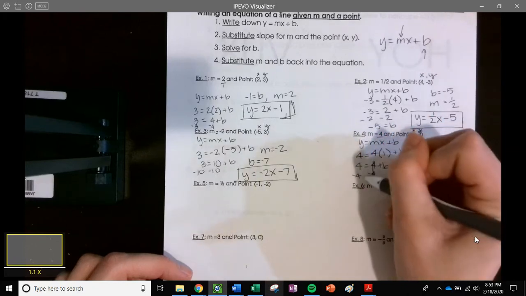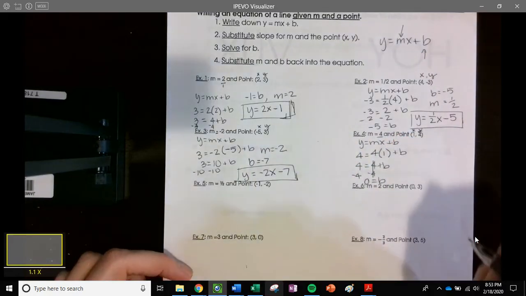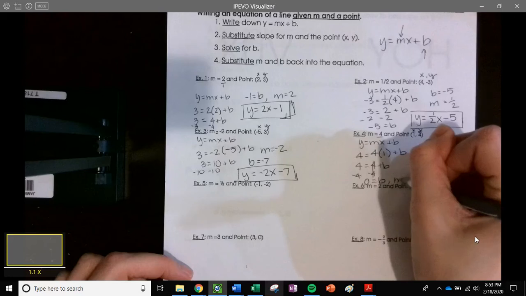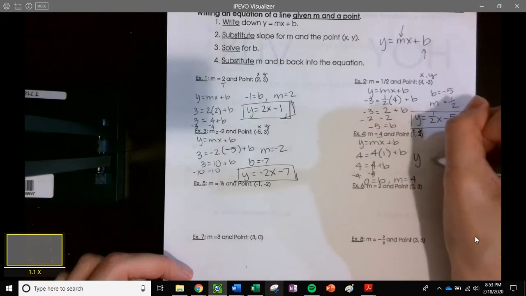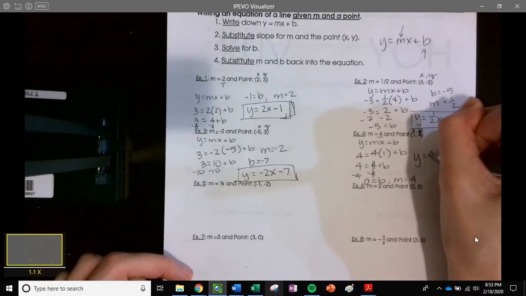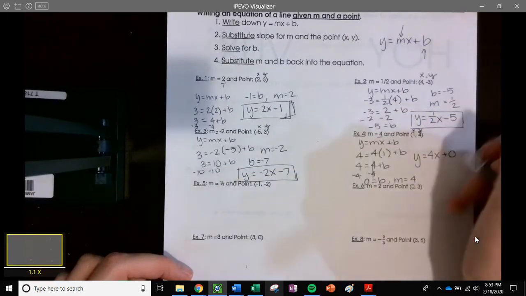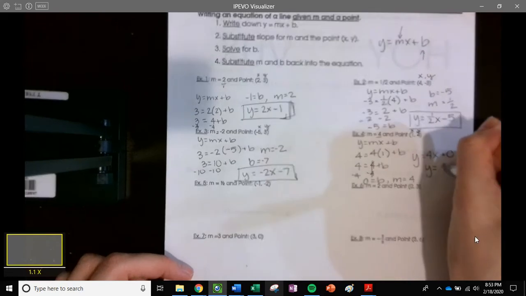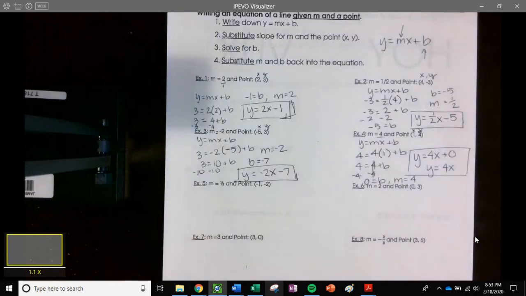This cancels. 4 minus 4 is 0. So my y-intercept is 0. The m that I was given was 4. Y stays as a variable. M is 4. X stays as a variable. B is 0. You could also write this as just y equals 4x, because if the 0 is not written, we know it means 0.